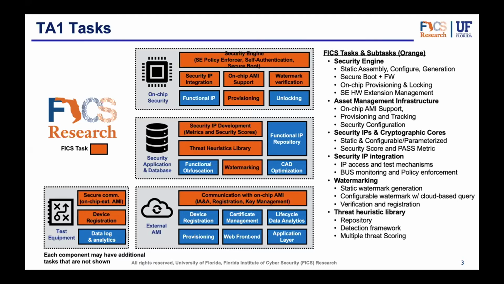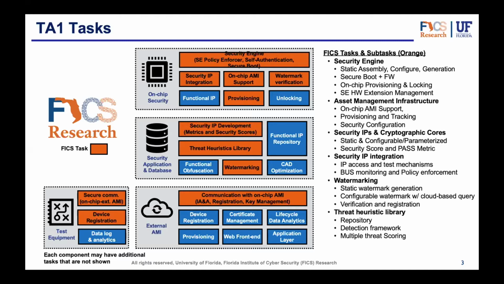Security engine is actually a major component of what we do. We develop the security engine statically in phase 1, configurable in phase 2, and generator based in phase 3, where you simply input your PASS metric or PASS values, and then the tool automatically generates an IP optimized for PASS, and the last S stands for security.